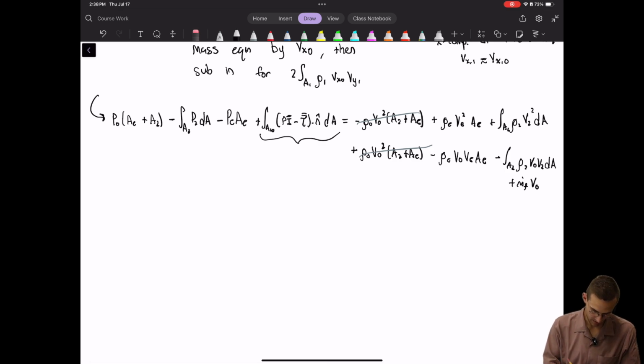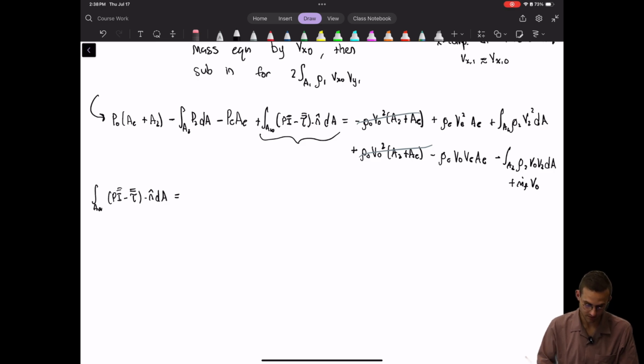So again, what we'll end up with is that integral over aw of pi minus tau dot n hat dA is equal to, and we're going to group some terms here, rho e ve times quantity ve minus v naught, times ae. That's one term.